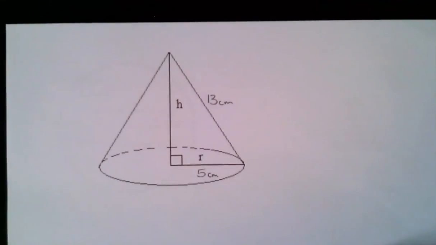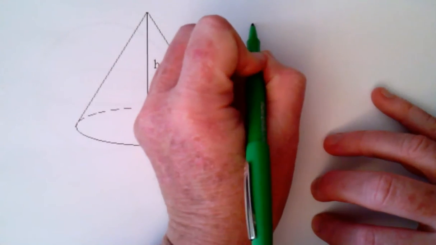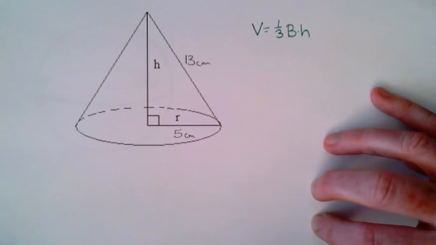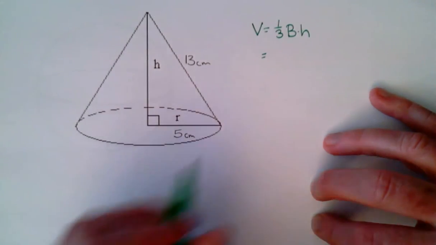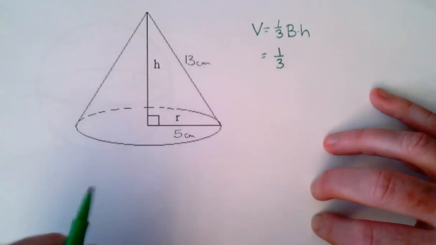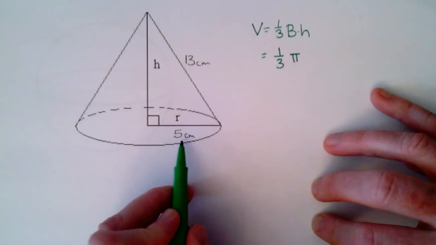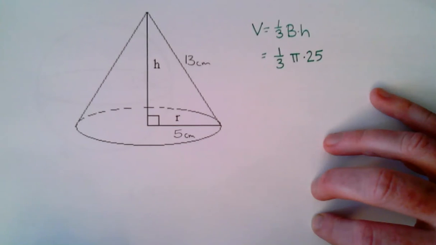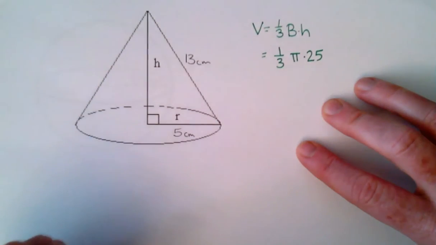All right, let's find the volume of this cone. The volume of a cone is 1/3 the area of the base times the height. This one has a little bit of a trick to it. Not a trick, but just one extra step. The area of the base is pi times the radius squared, which is 25, pi r squared, times the height of the cone.